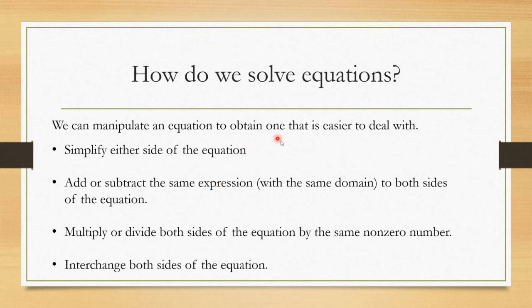I know they have here the same domain as the original equation. For us, really, it's not going to be too big an issue. But you basically can add or subtract the same thing to both sides of the equation. You could multiply or divide both sides by the same non-zero real number, and you could interchange both sides of the equation.